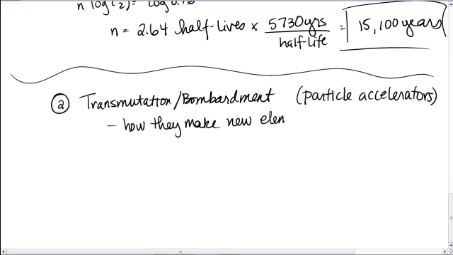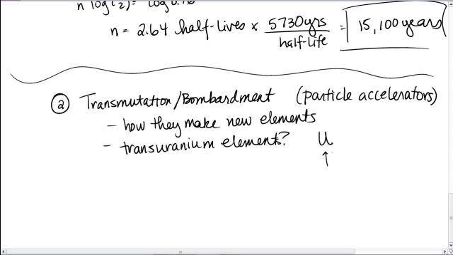And what you need to understand is that these are how they make all the trans-uranium elements. What do I mean by that? Well, it turns out that uranium is the last naturally occurring element at all.